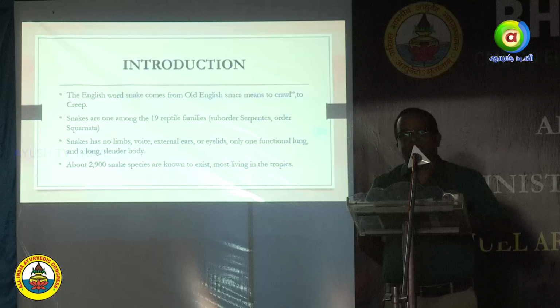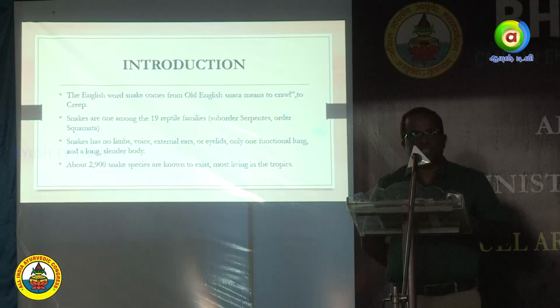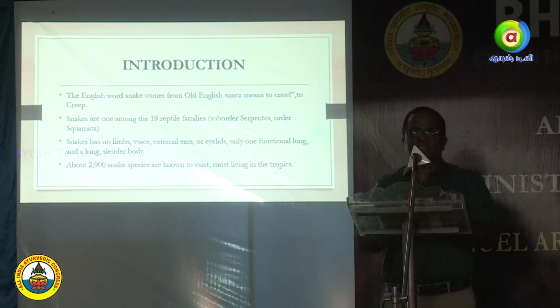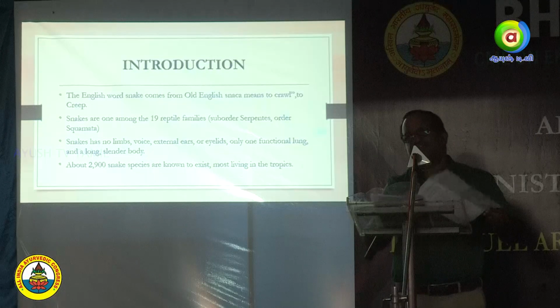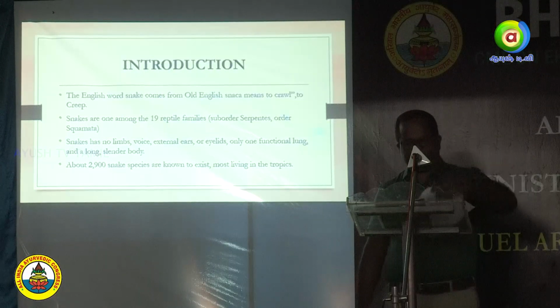In the world, approximately 2,900 to 3,000 snakes are known to exist, most living in tropical regions rather than in rural and urban areas.